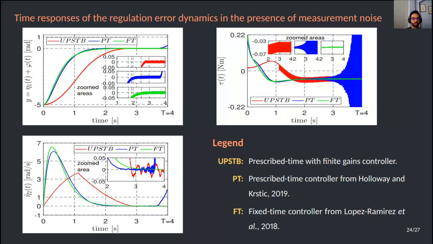In this case, the results show that the PT control algorithm is more sensitive to measurement noise, given the increased value of the high gain nearby the prescribed time, which makes the regulation error diverge from the origin, while the other two algorithms, UPSTB and FT, remain bounded nearby the terminal time.